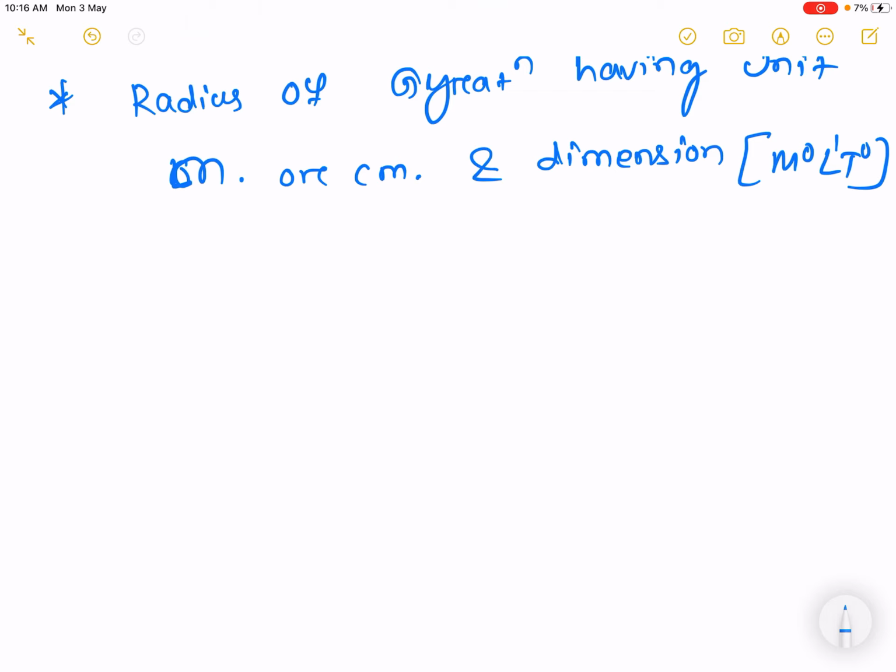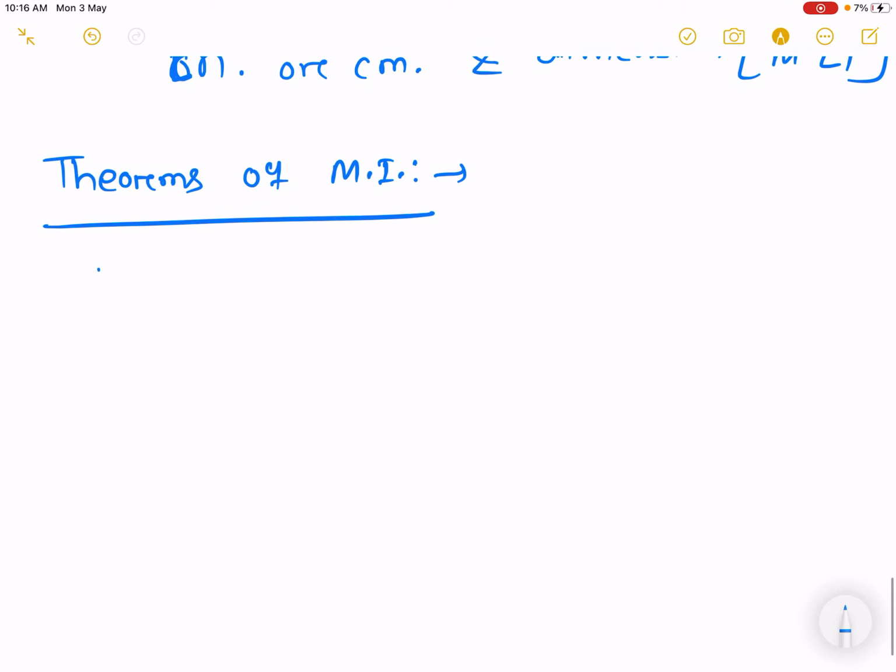To calculate the moment of inertia of different rigid bodies, we will discuss two theorems. There are two theorems of moment of inertia. Number one, perpendicular axis theorem.